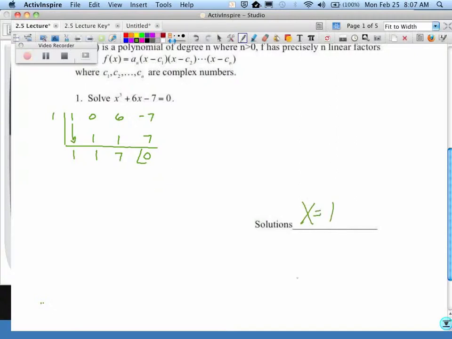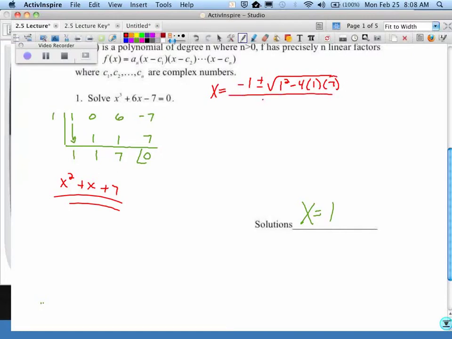Now looking at the graph, it didn't look like it was twisting and coming back down anywhere, so what I have left is x squared plus x plus 7. Most likely that's not going to factor, right? So let's go to the quadratic formula. My b is a 1, so it's negative 1 plus or minus the square root of b squared minus 4ac, all over 2a.